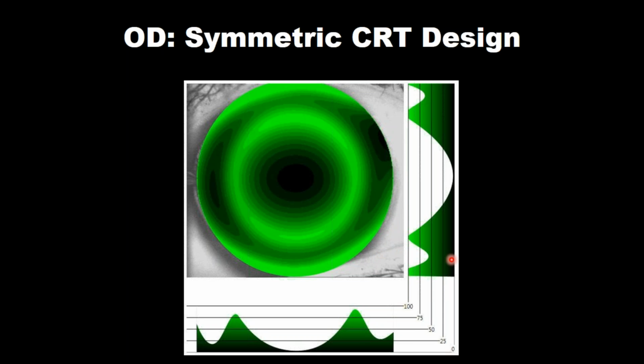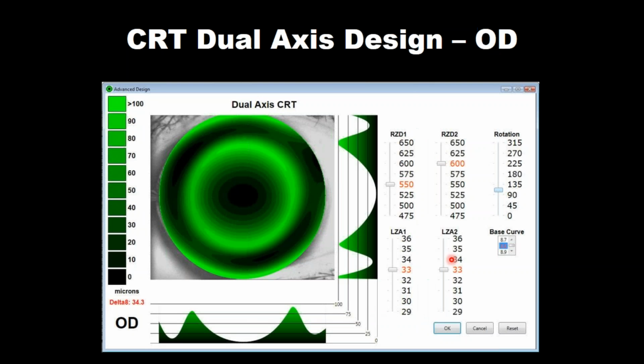So fitting this limbus to limbus astigmatism with 58 microns of difference between the flat and the steep meridian with a symmetric lens, probably not the right way to go. If we were to instead use the dual axis, which gives us a specific depth along the flattest meridian, but then a much deeper depth along the vertical meridian, now we have a 50 micron spread between the depth of the lens along the flat and the depth along the steep.